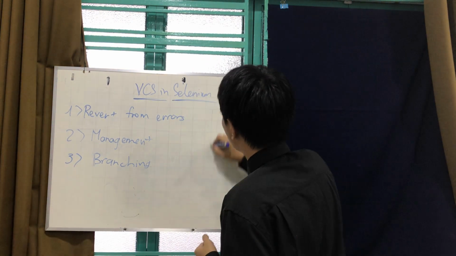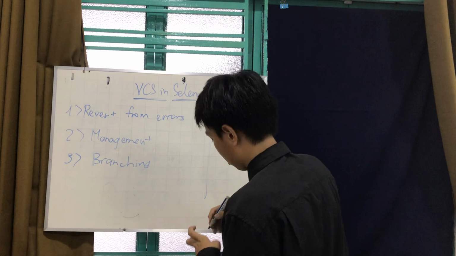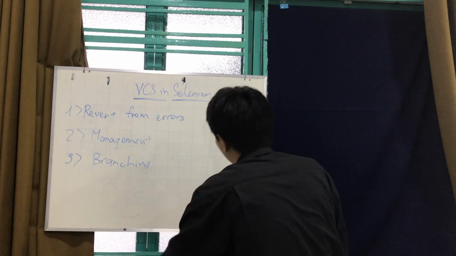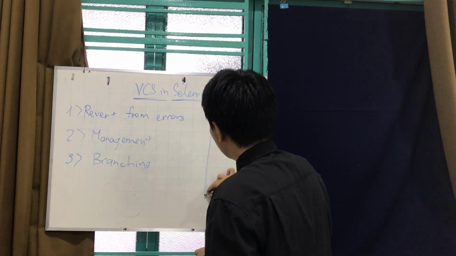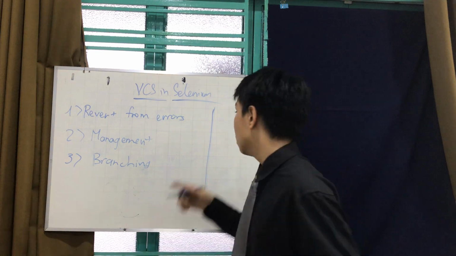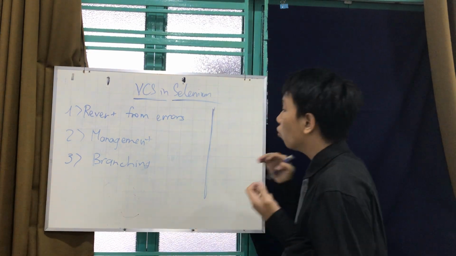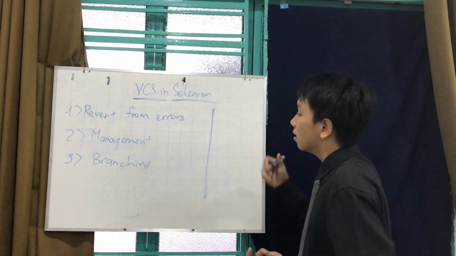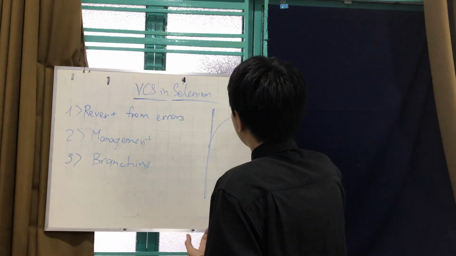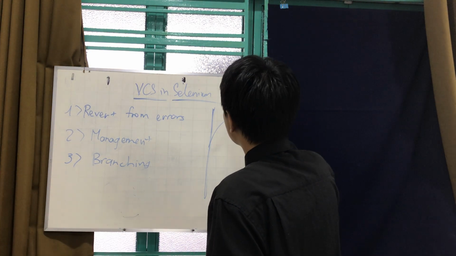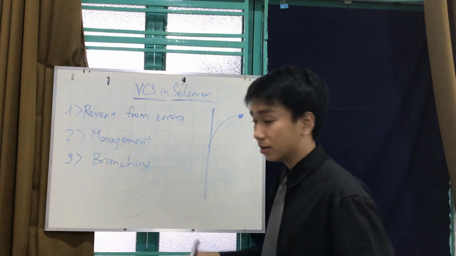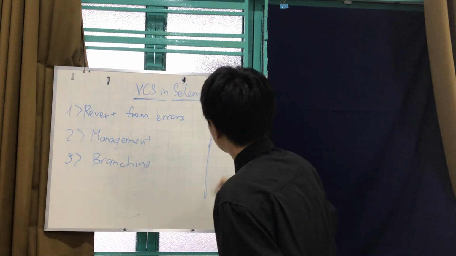So, here's your main branch, your main code, for example. You want to experiment in this main code, but you don't want to change the main code, the base. And so, you branch out. Here, a file. When you have done experimenting, you can just revert back to this.